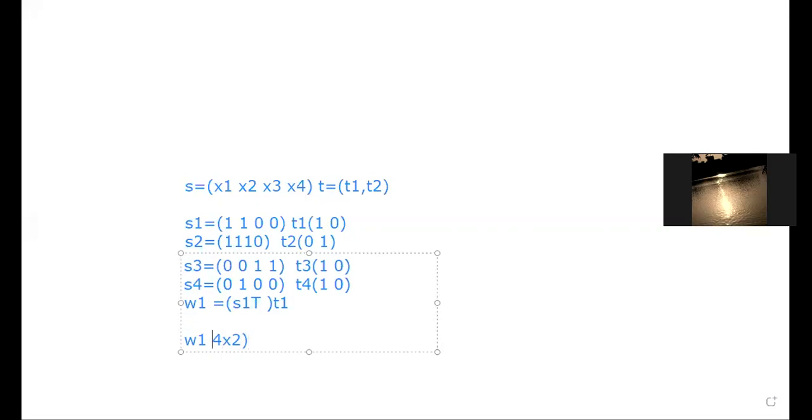Okay, the size of your W1 matrix will be 4 by 2, is equal to the matrix 1 into 1, 1, 0.